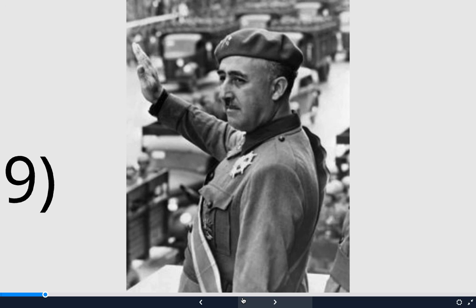So Leon Trotsky is out there, helping the communist faction. Then you also have socialists and anarchists, and then the monarchists, right? Because Spain had a monarch. So it is like a brawl going on. It's really bad.